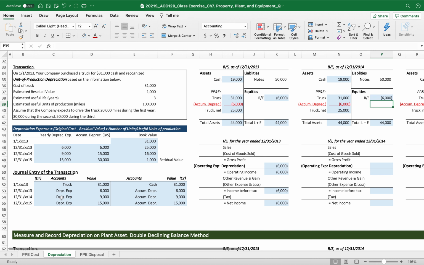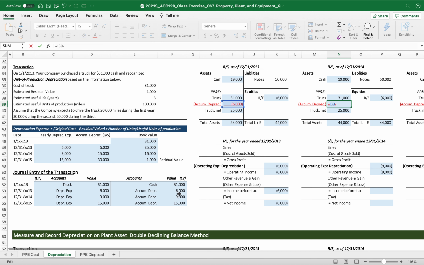Then let's put this depreciation expense of $9,000 for the second year, right? Then accumulated depreciation is a contra account that reduces asset value.